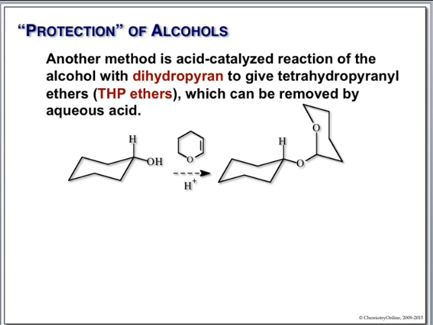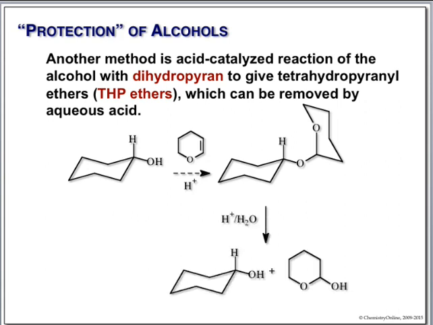In order to remove the dihydropyran, all you have to do is dump it into aqueous acid and poof, it comes right off. So the strategy in a protecting group is to have something on there that you can put on easily and then take off, again, very easily at a second step.